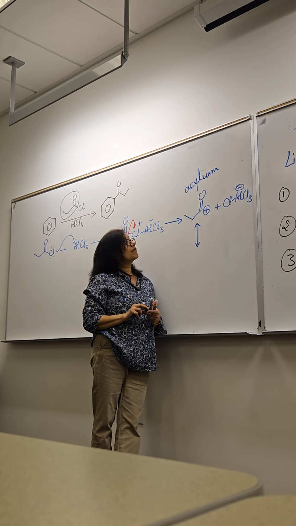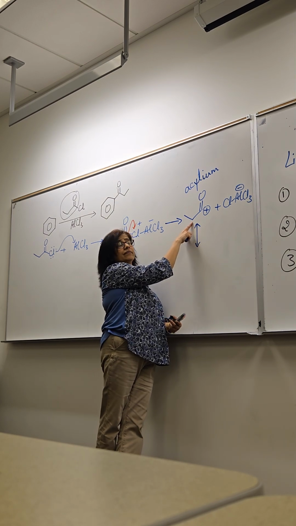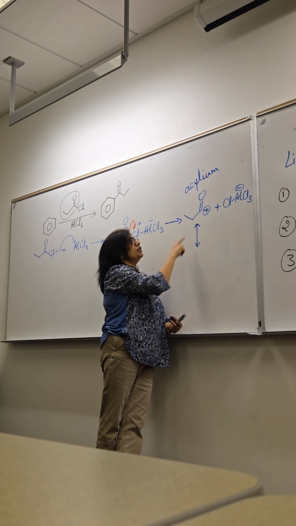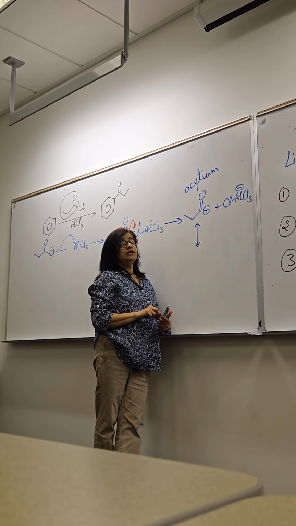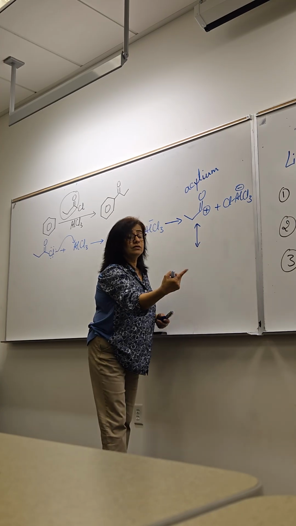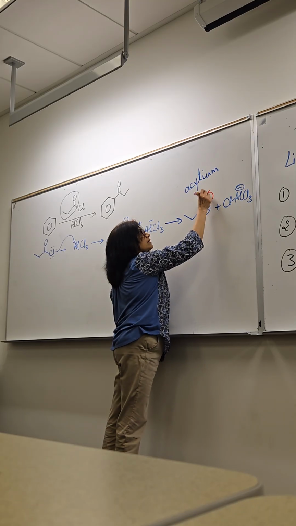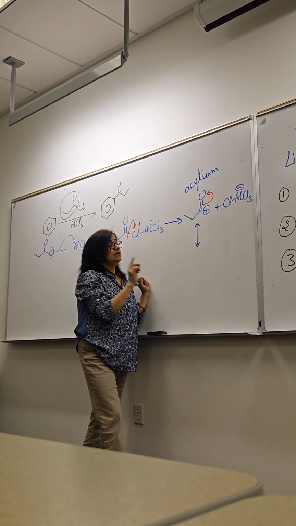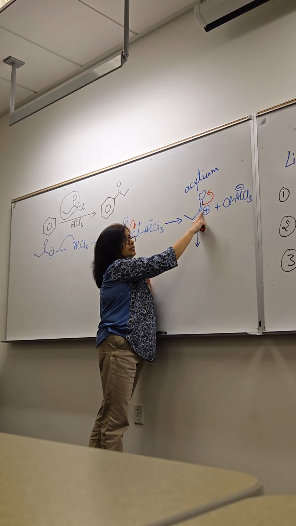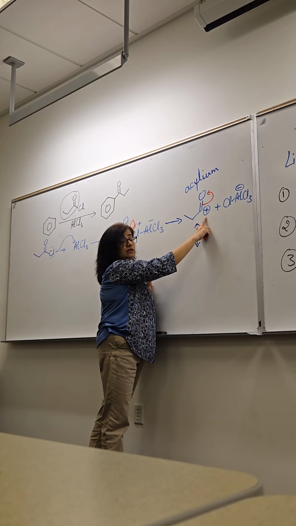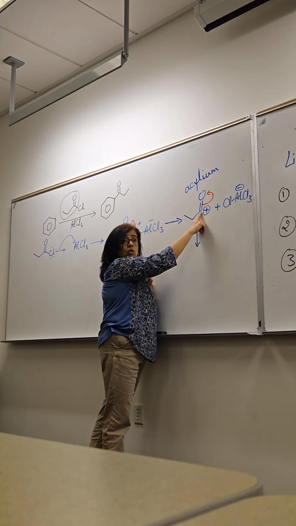It can go to the next CC bond. Really? That's sp3. Oh no, it can't. What about oxygen? Are electrons going to oxygen? Let's think about this. What will that do to the carbon here? It's already positive. Does it want to become more positive? No.